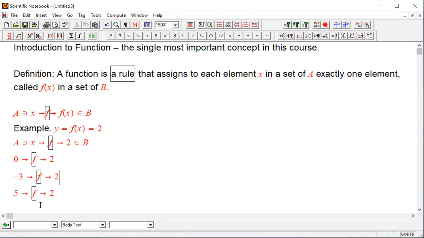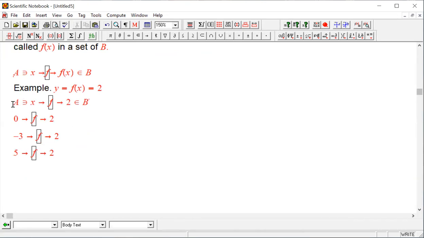When we have this kind of rule, the question is, what can be qualified as input? So what is A?